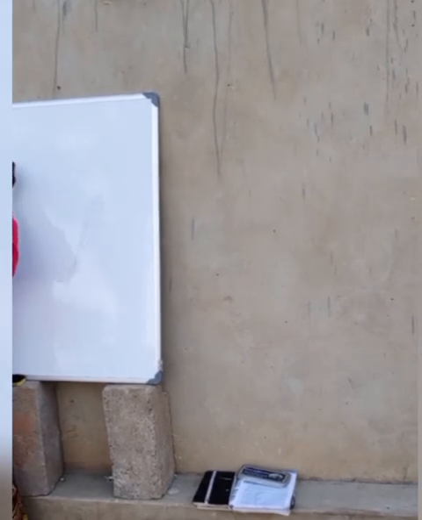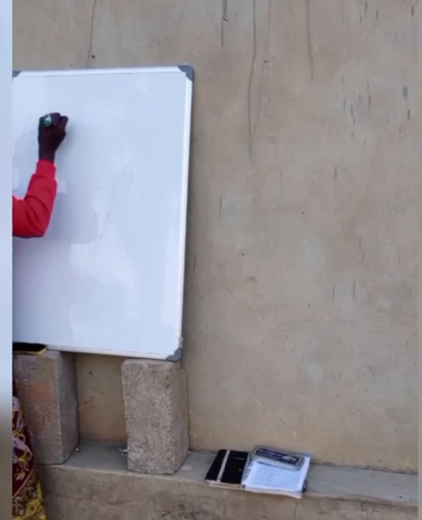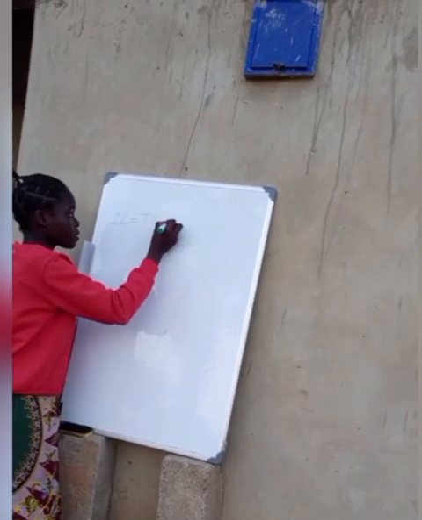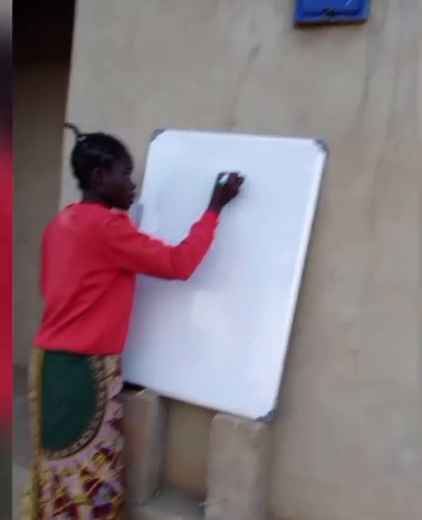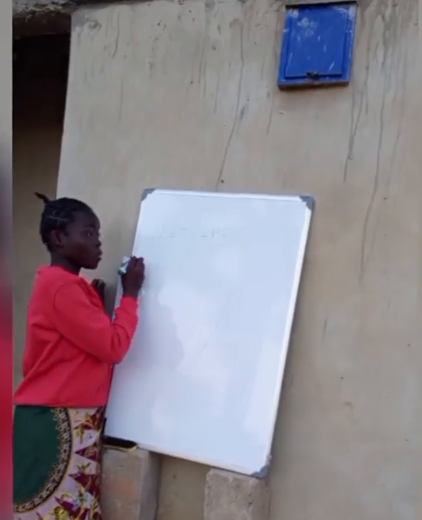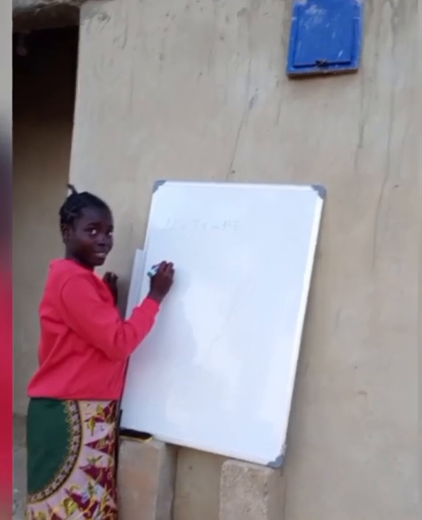Then the formula for finding the lower limit: we say L, the lower limit, is equal to the true value minus the absolute error. When we hear the word lower limit, we have to subtract.